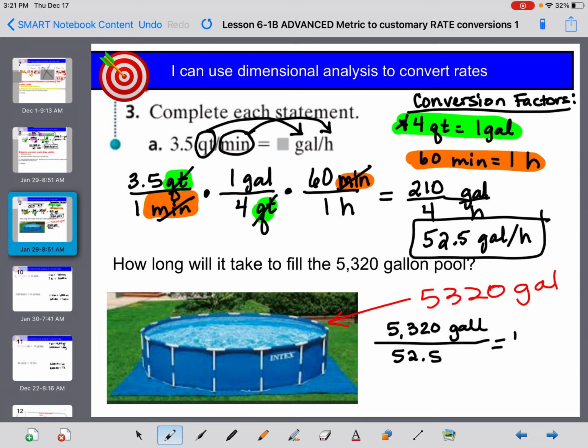And you get 101 1/3 hours to fill that pool. That's kind of crazy. I've heard those things do take a long time to fill up. I bet some of you have a pool that looks like that at home.